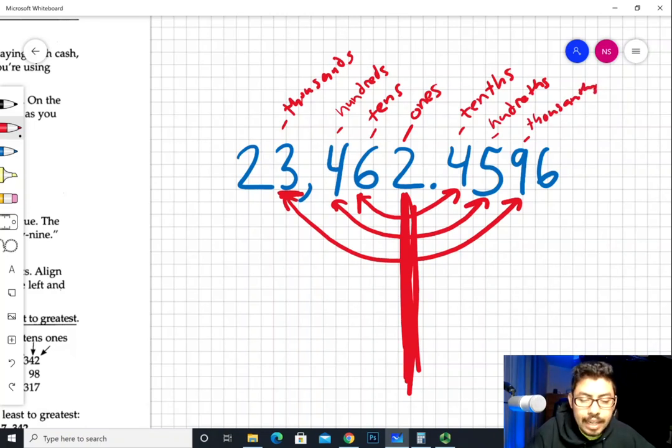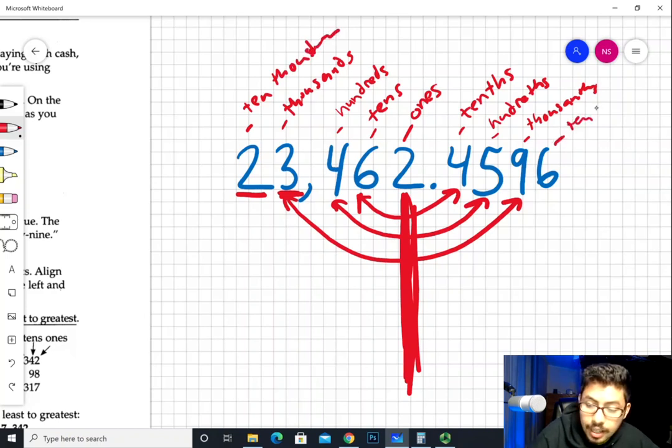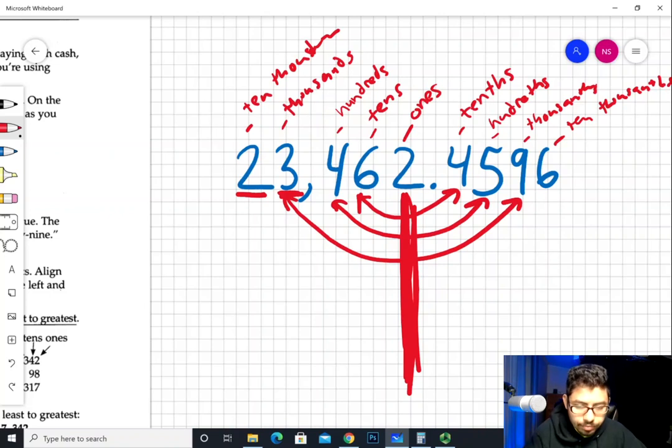And then we move on. This 2 here is the 10,000s. Oopsie. And what do you think the 6 is? It's the 10,000ths with the TH. Okay? That's the example of my number.